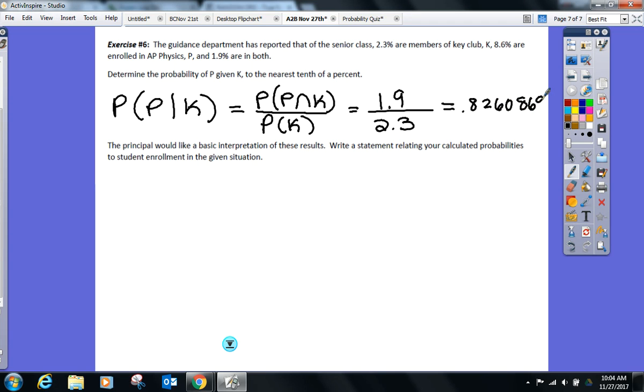We'll just keep it there. But nearest tenth of a percent, so multiply that by 100 and round. What do we get? 82.6%. That's the probability you will be in AP Physics given you're in Key Club.